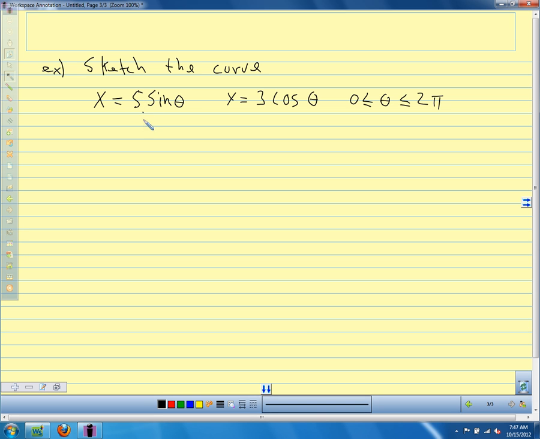So if we want to, we'll get to the point where we recognize this graph, and we might be there already. So it's going to be an ellipse, right? How are we going to eliminate the parameter here to get a more familiar equation for this? Anybody have an idea?